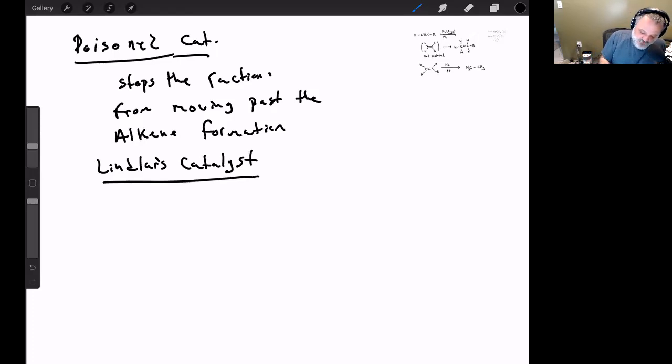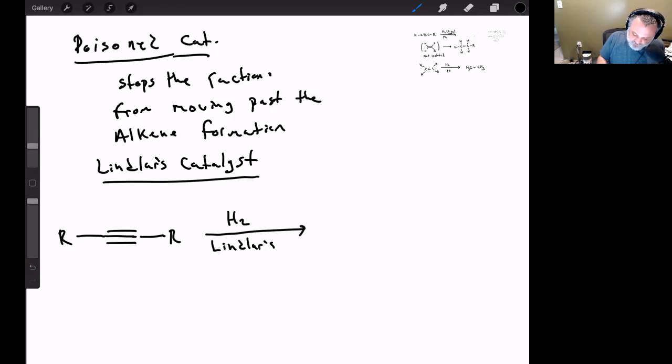And so if I do this reaction, and it's still H2, but in the presence of a catalyst, in this case Lindlar's catalyst, then I'll add the hydrogen and form the alkene.